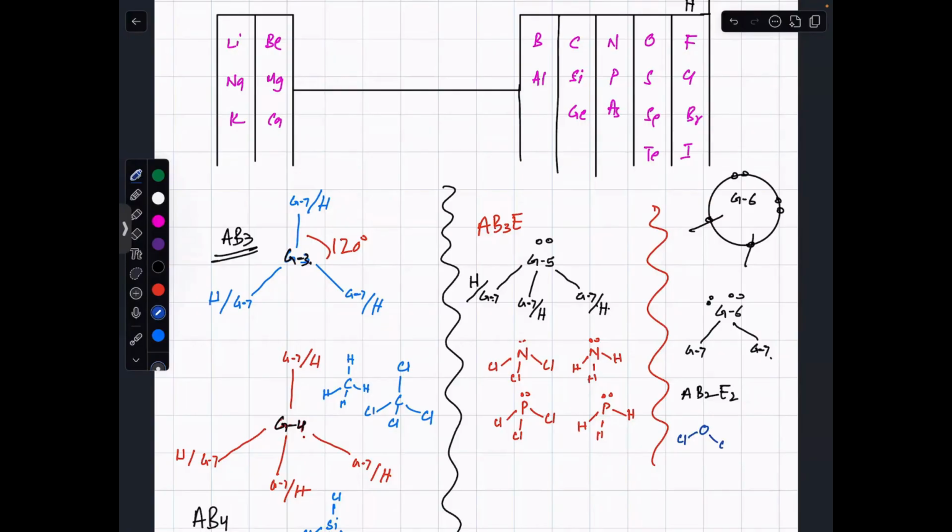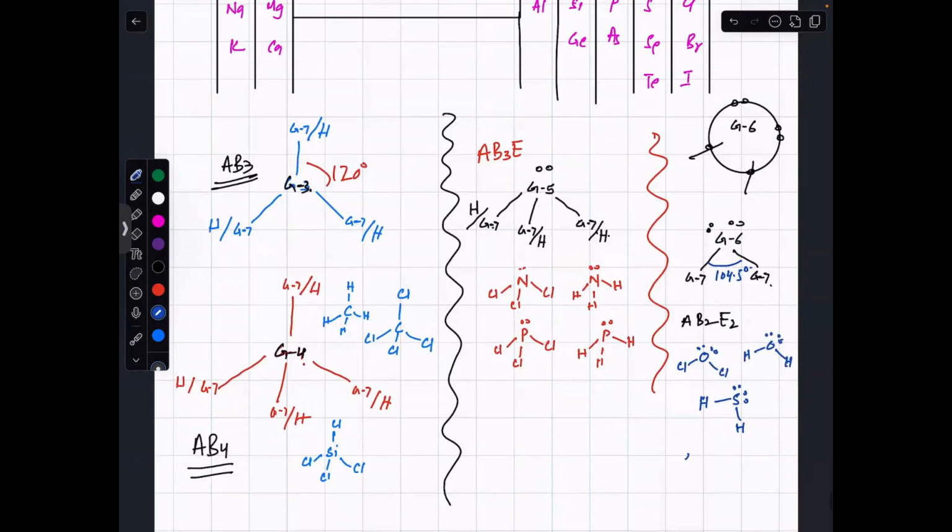OCl2, yes. 104.5, bent. H2O. Other example, H2S. Yes. H2S. Cl with sulfur, group 6. See?